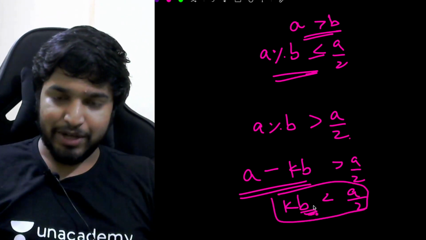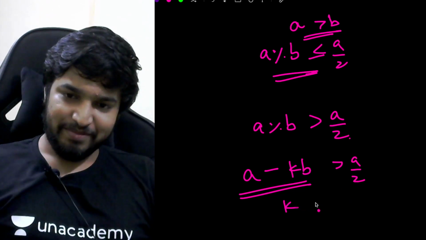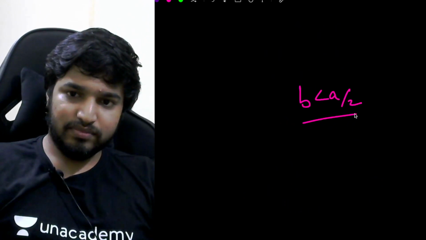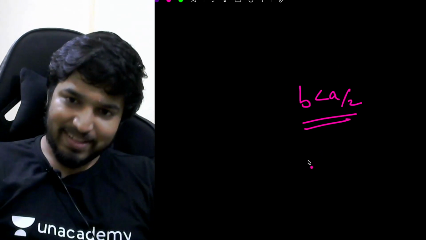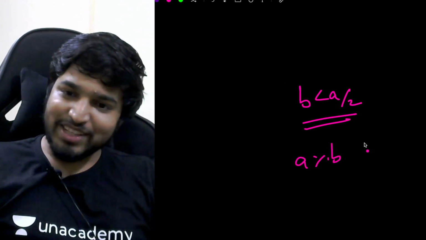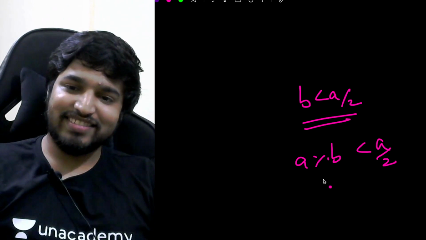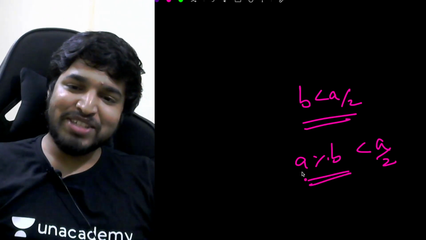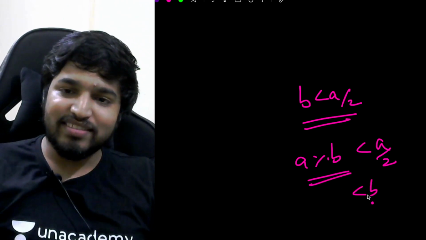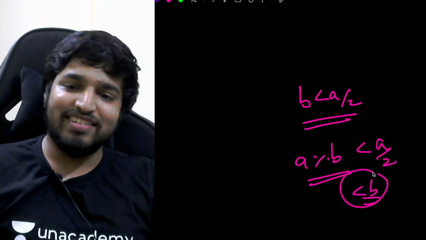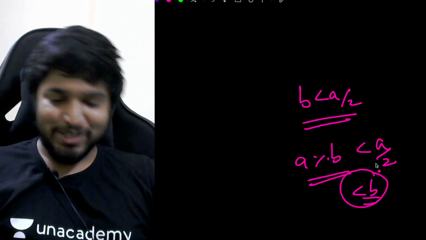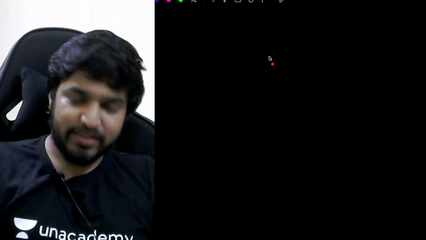Meaning B is less than A by 2. So if B is less than A by 2, it means that A modulo B is also less than A by 2. Why? Because A modulo B is always less than B, and B is less than A by 2. Pretty simple there. So what did we discover here?